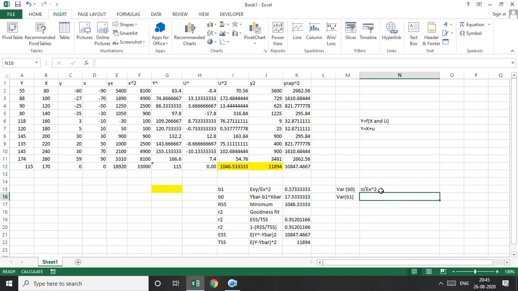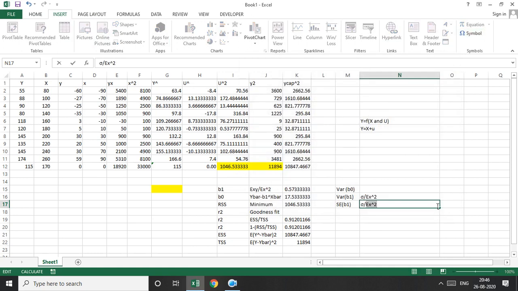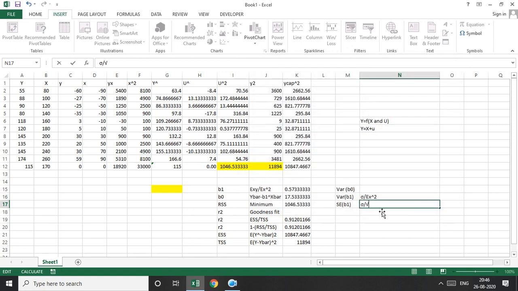This is for beta 1. Alternatively, there is one more term, the standard error of beta 1. This is nothing but the root of small sigma square divided by the root of sigma xi square.